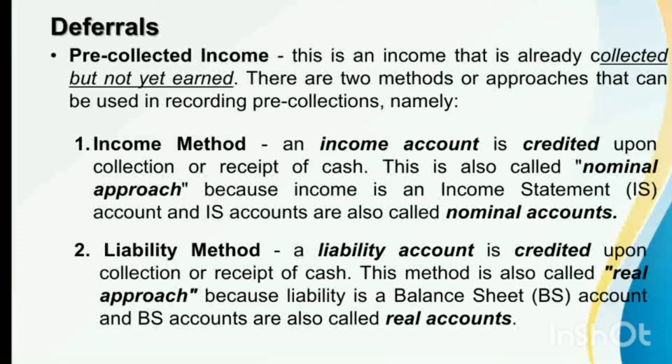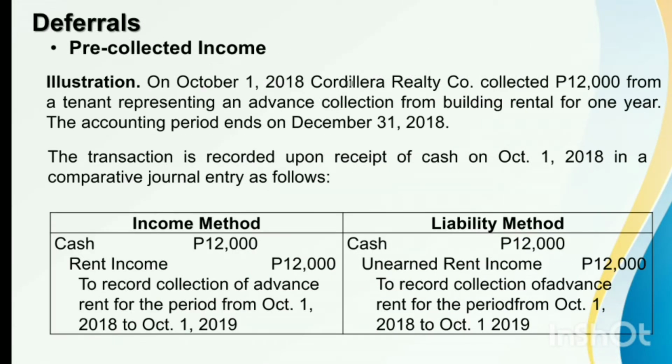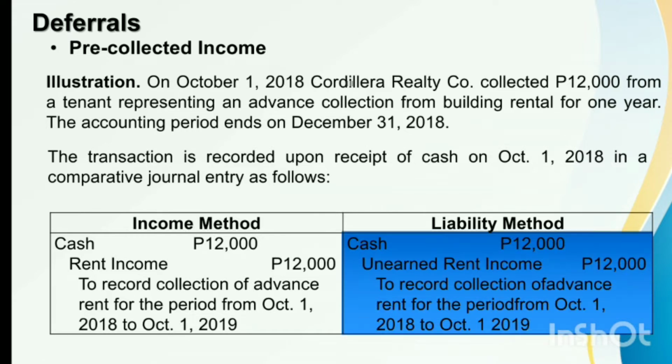To illustrate this liability method, we will go now to the illustration. And this will be the journal entry of Cordillera Realty Corporation on October 1, 2018 under the liability method. So debit cash 12,000 and then credit to unearned rent income 12,000. So take note that our credit entry under the liability method is the liability account, which is the unearned rent income.